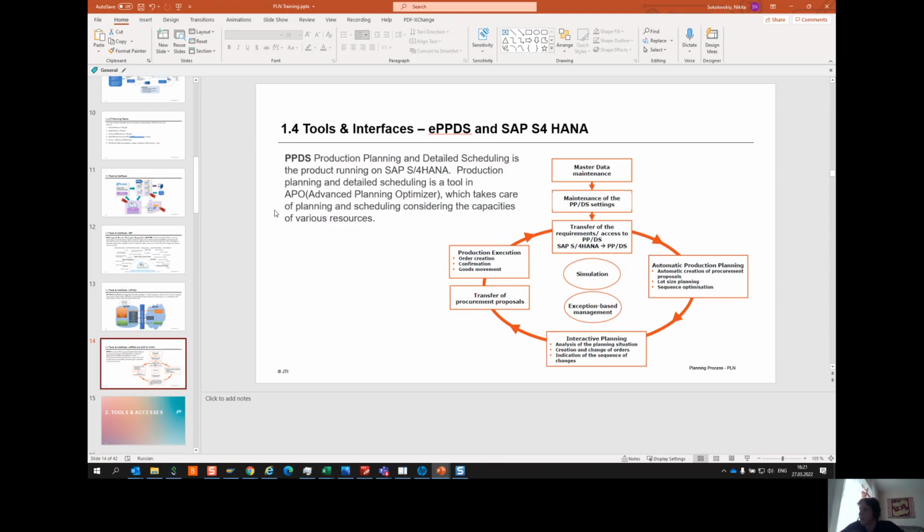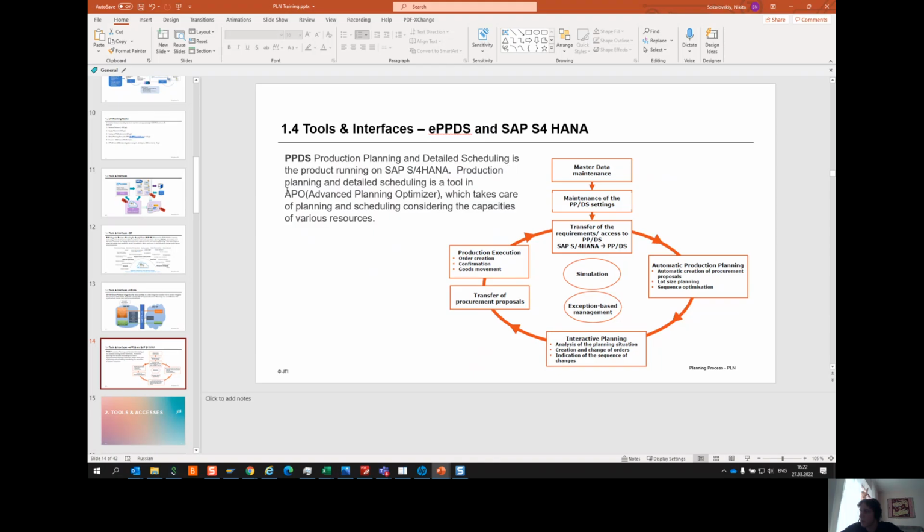And finally, the third main tool or interface I would like to emphasize now is ePPDS. I already told what it means: production planning and detailed scheduling. And this is actually the set of data for how we run the production in SAP S/4HANA.